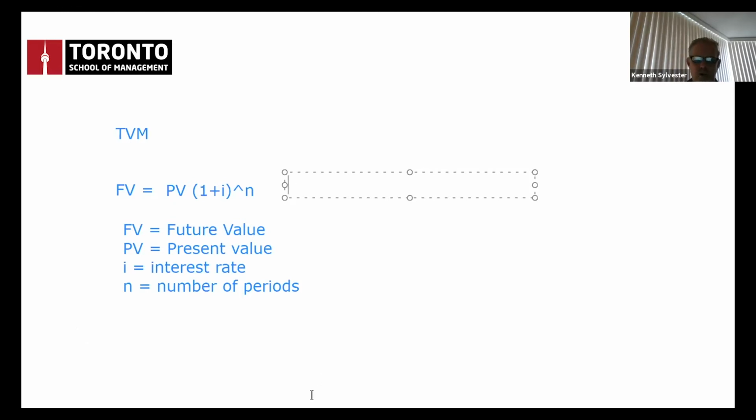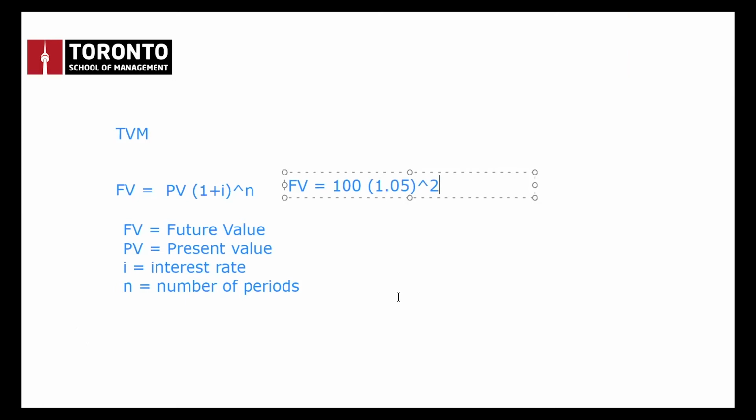So that gives me future value equals 100 times 1.05 to the power of 2. Does everybody see that? Okay.